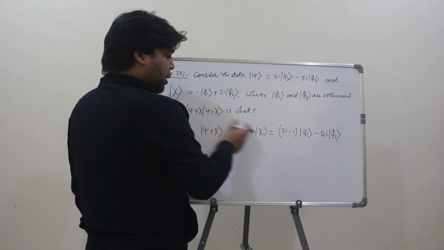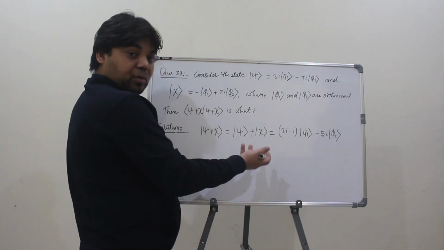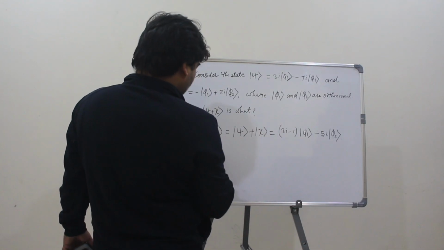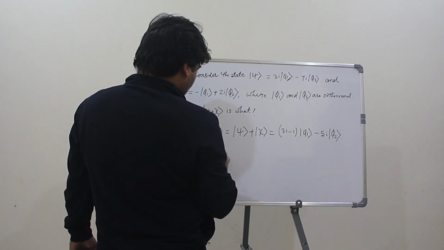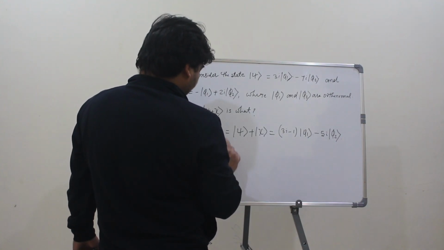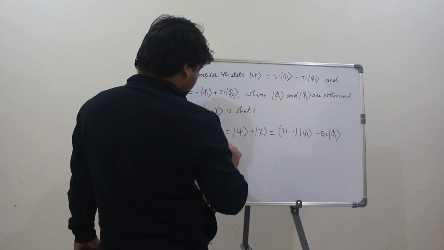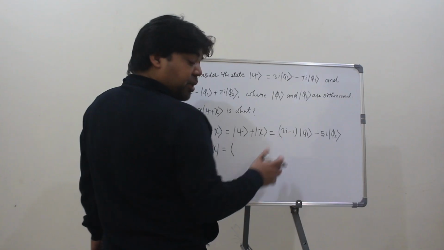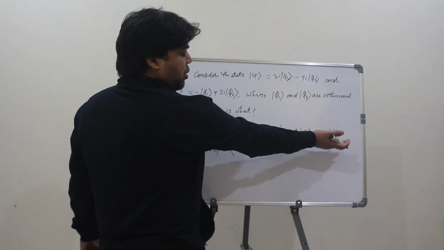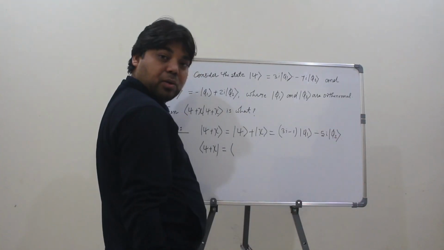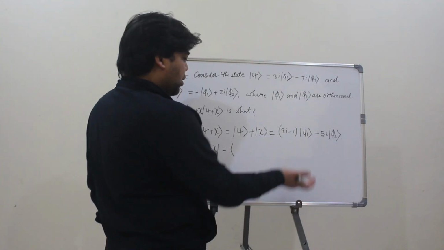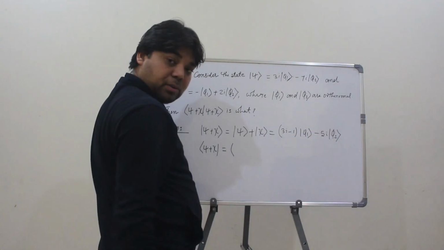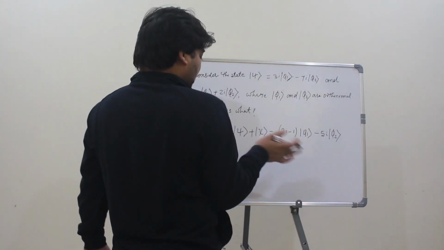Now to calculate this, you also need the Hermitian conjugate of this value, right? Which is the bra of psi plus chi. So now take the Hermitian conjugate. This will basically be a column vector and its conjugate will be a row.